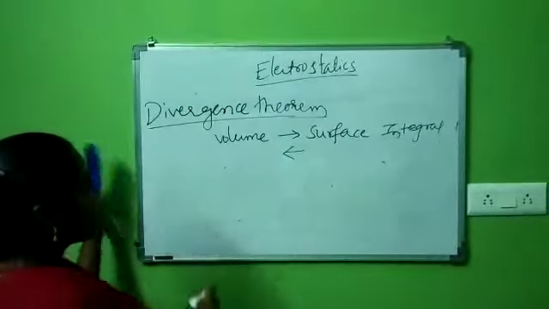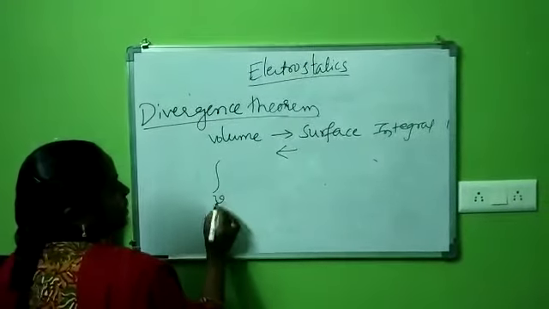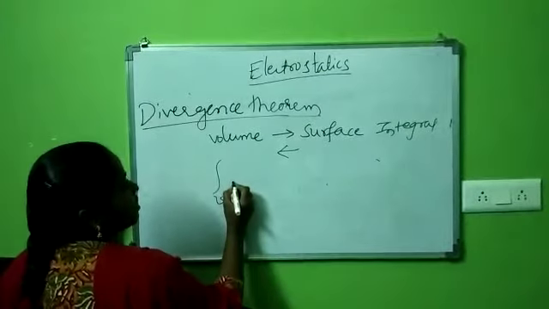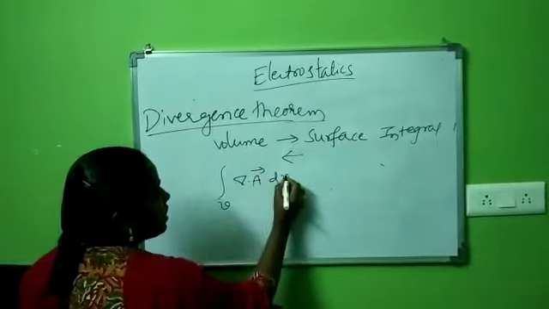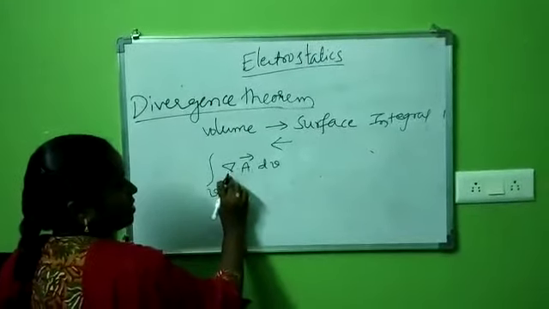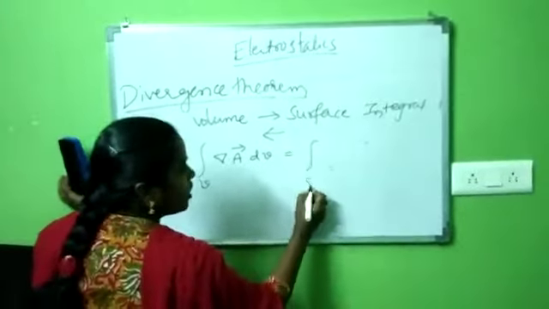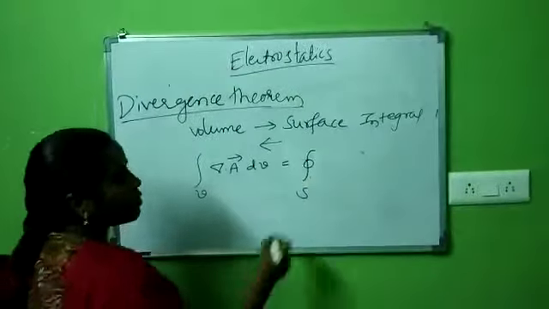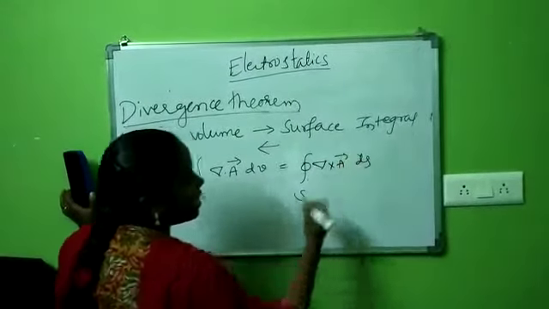Now the equation in terms of the volume integral to surface integral will be the volume integral of del dot A dV. This is the dot operator, and this is the del. Del dot A dV equals the surface integral along the closed path, here del cross A ds.